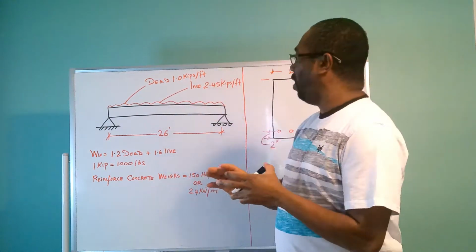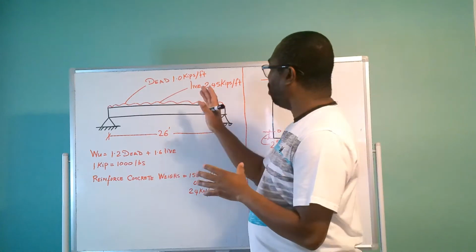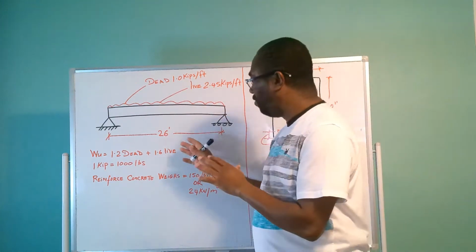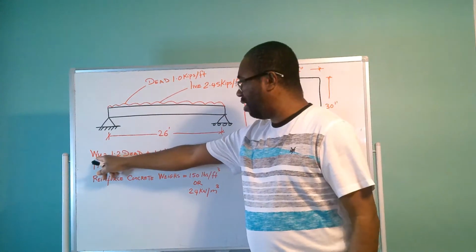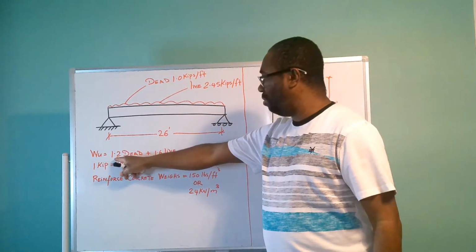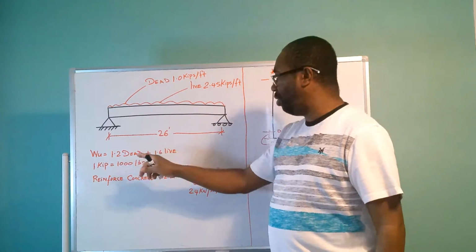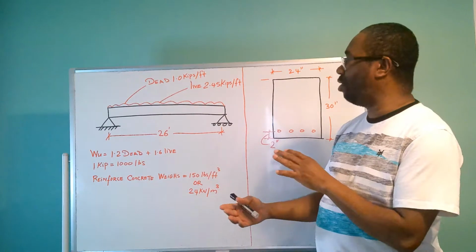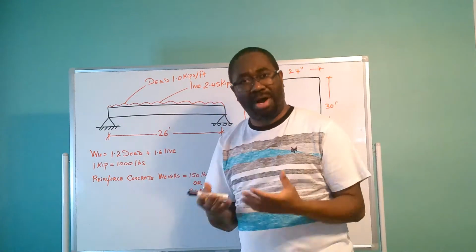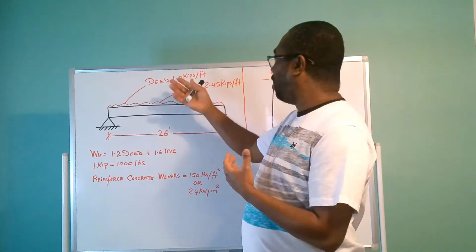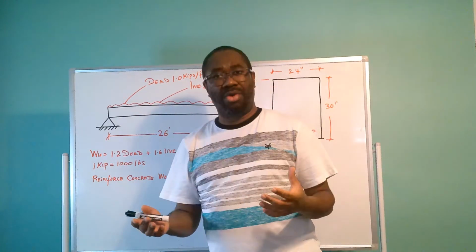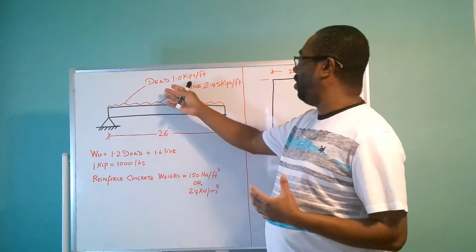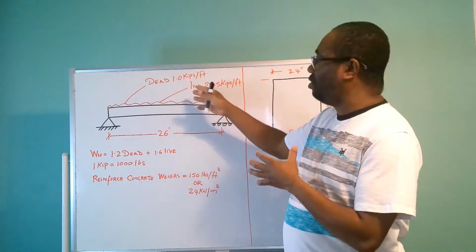So in order to observe the maximum dead load and live load, the maximum weight on the beam is going to be 1.2 times the dead load plus 1.6 times the live load. As I've said to you before, we beef up our dead load and our live load to really ensure that the beam can carry what the load is going to be.